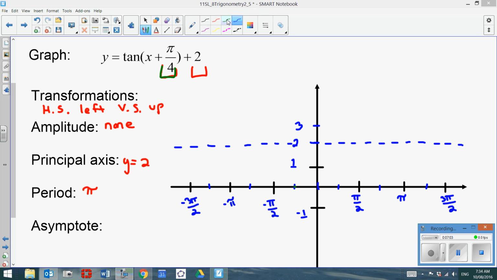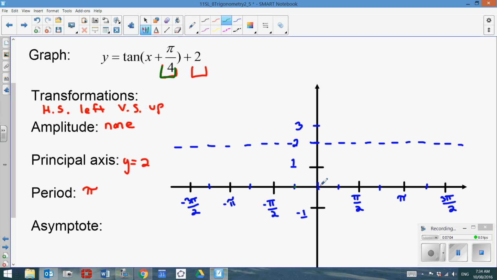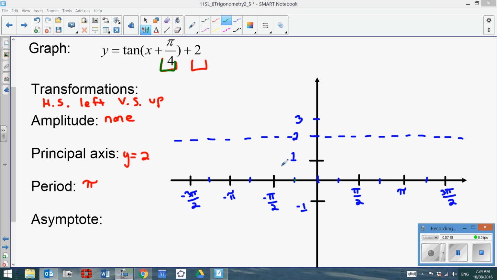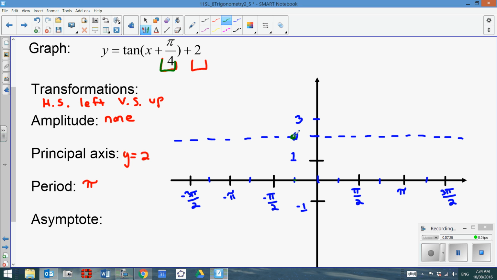All right, so going back to green, if I'm moving left by pi over 4 units, that means I'm going to work by transformations. For my original graph, I have a 0, 0, and then an increment of pi over 4, I have positive 1, and to the left, I have negative 1. So looking at this transformed graph, I'm moving left pi over 4 units, starting up 2, so this is where my 0, 0 has moved to.